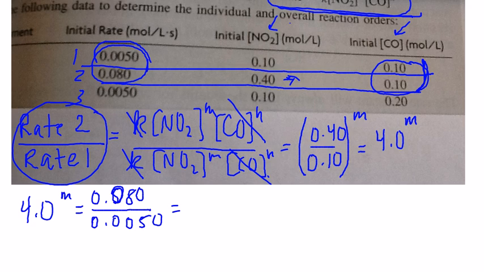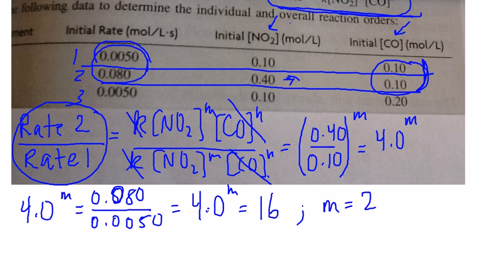These two numbers, 0.08 divided by 0.005, simplify on your calculator to 16. So 4 raised to what power is 16? 4 squared is 16. So m is equal to 2.